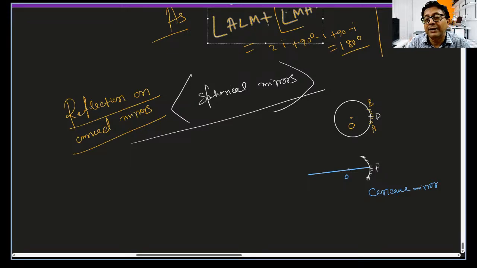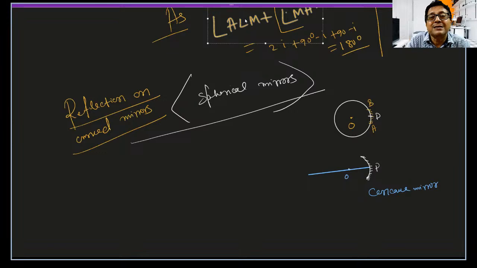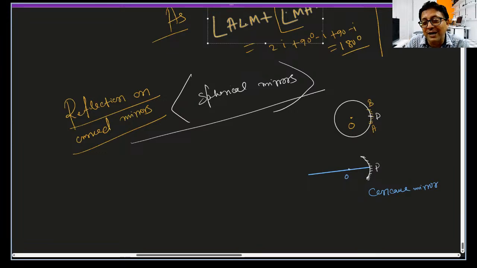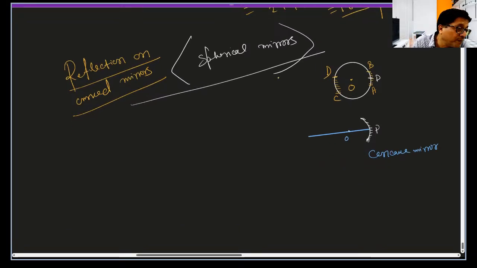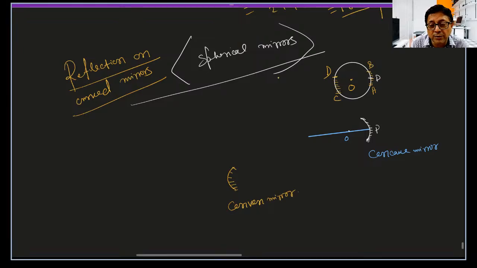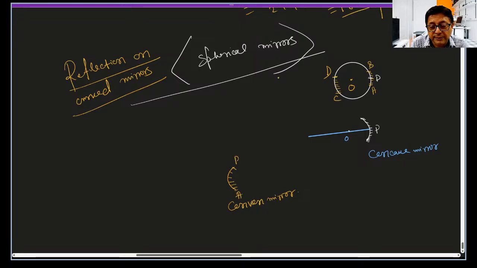On the other hand, if you have taken a small part of it, don't say slice, it is a wrong statement, and silver this portion, then this mirror CD is called a convex mirror. It is also part of a spherical surface. So this one is a convex mirror, not concave, convex. This one is a convex mirror, AB.